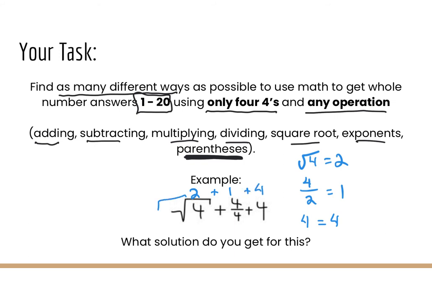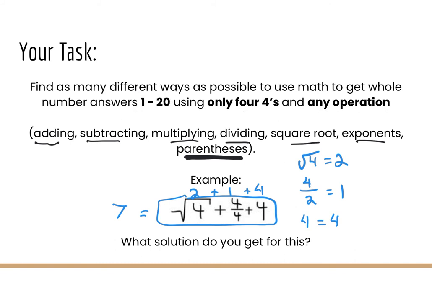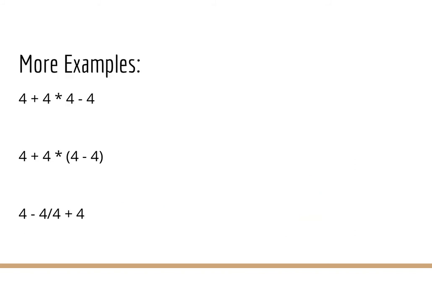So this example gets us to the whole number 7. And again, we're trying to find all numbers 1 through 20. So there's one possible example for how to find the number 7. Here are some more examples. Go ahead and pause and see if you can solve these ones.